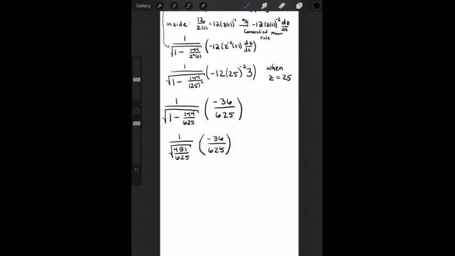We've talked before about if we have a single term in the denominator, then we can simplify the fraction by flipping that over. So this becomes the square root of 625 over 481.